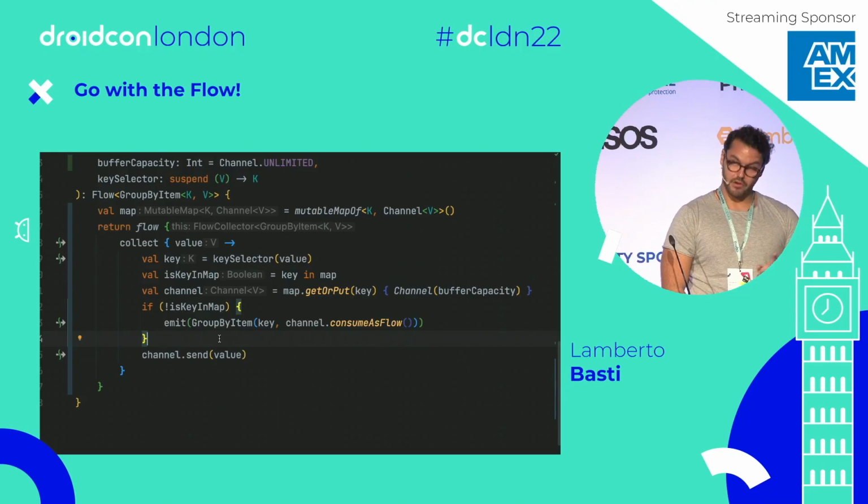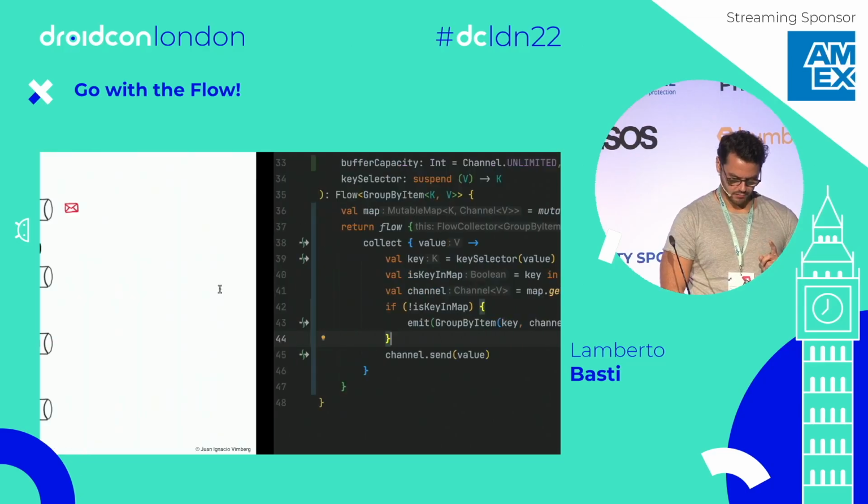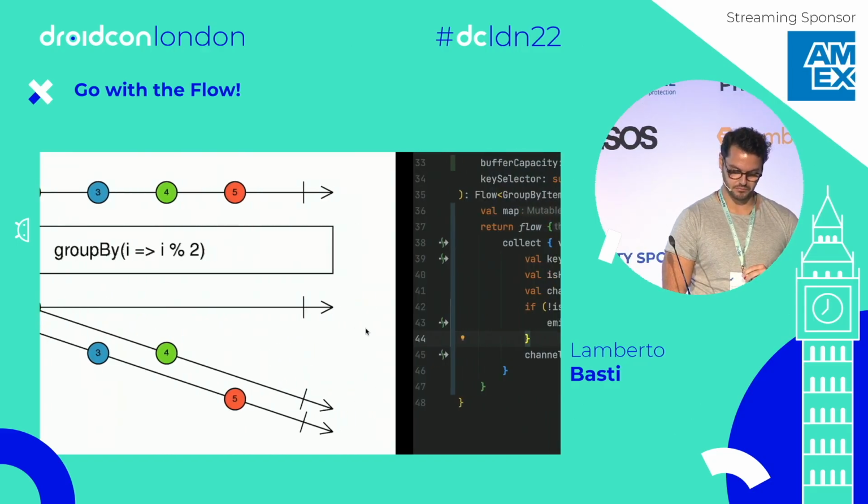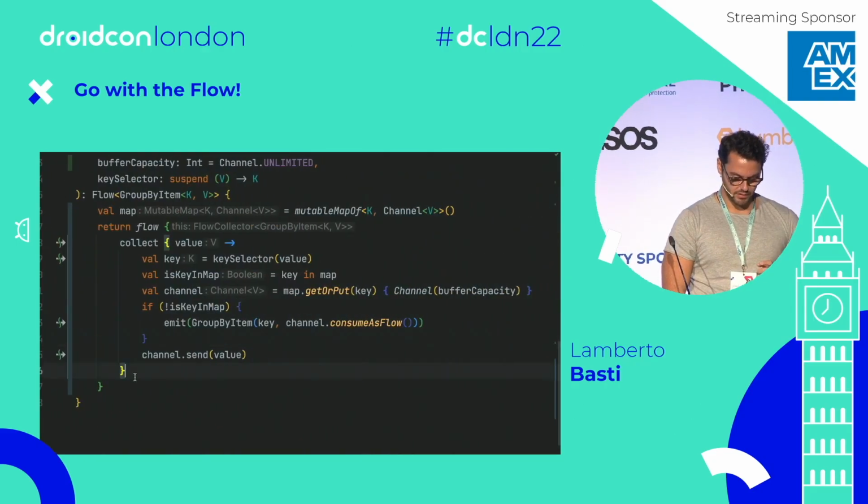And this is going to work, but let's look at the image again here. When the upstream flow closes, we'd like to close also the downstream and the generated flows as well. We're not handling any of this at the moment. So actually, when the upstream closes, this stops collecting as well, and the flow closes.